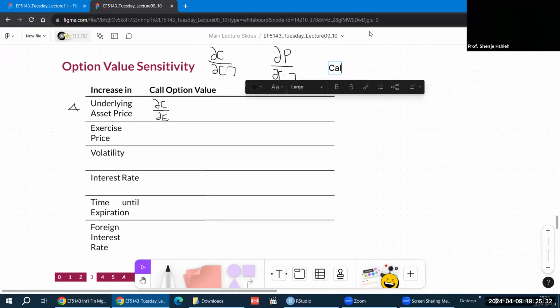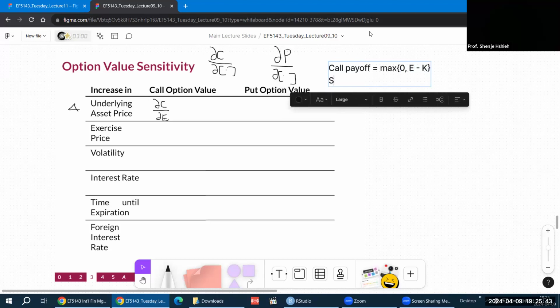Call payoff is equal to max(0, E minus K), skipping the subscript. Put payoff is equal to max(0, K minus E). I'm going to assume European options, so none of that early exercise.